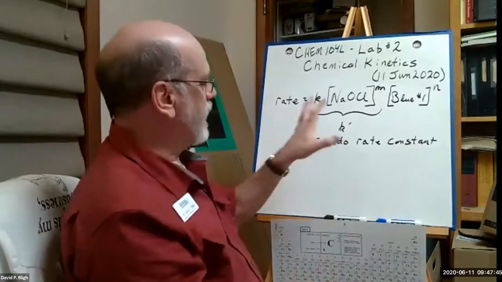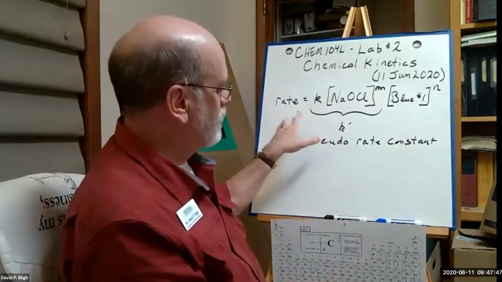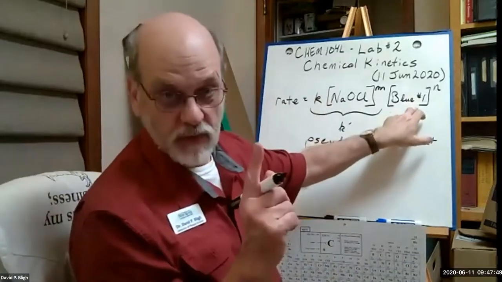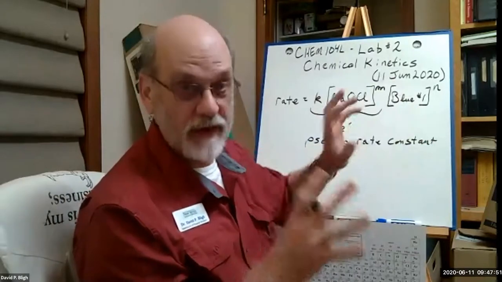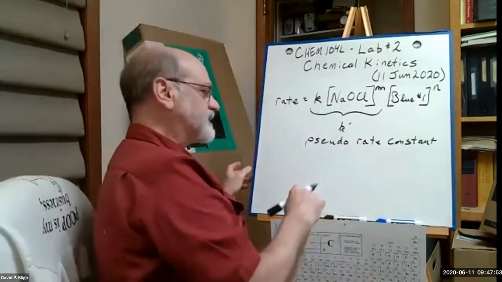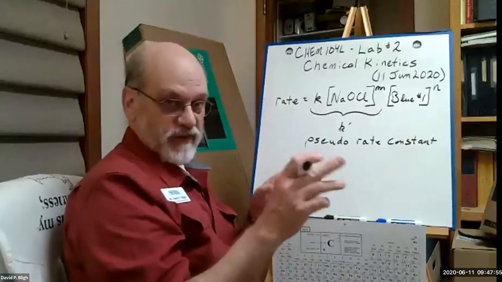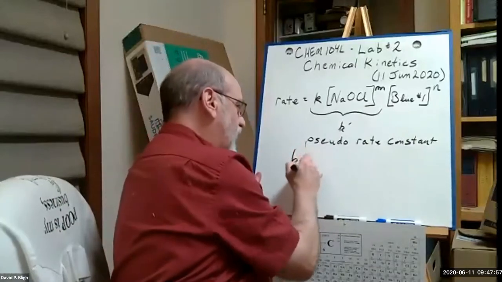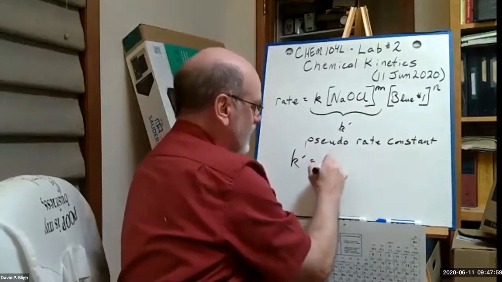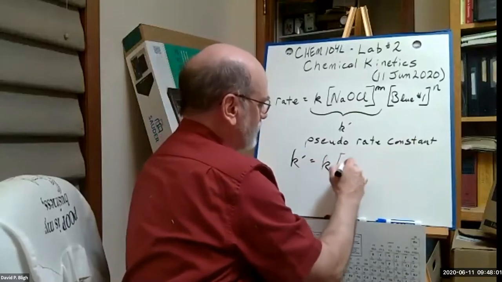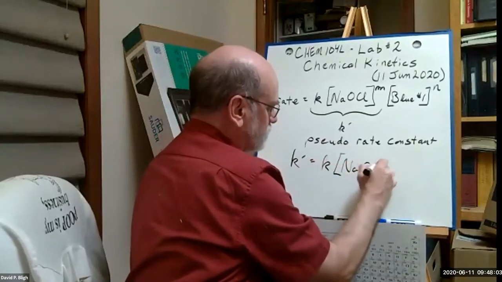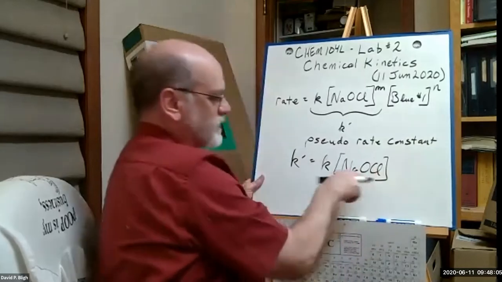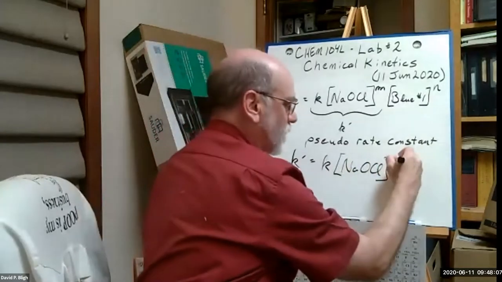So now we have a rate in terms of a constant and only one reactant. So we know how to deal with that. But you'll need to remember this part where K prime is equal to K times sodium hypochlorite to the M.